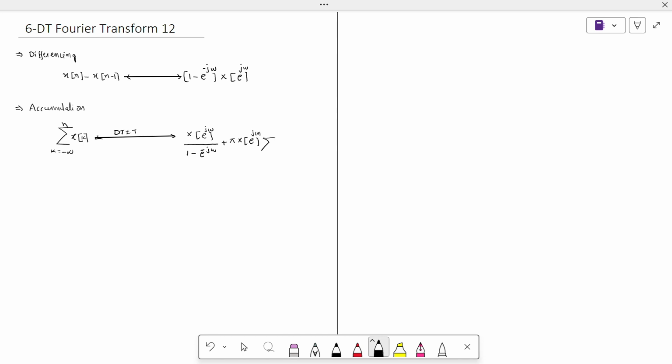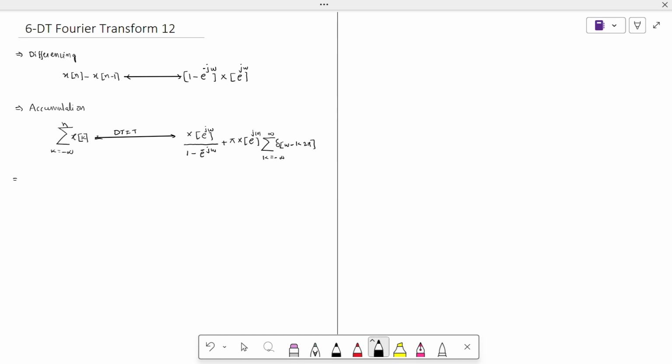The discrete time Fourier transform is continuous and must be periodic, so we should take an impulse chain, whereas in the continuous case we took only one impulse. So this is the impulse chain, omega minus k into 2 pi, where k goes from minus infinity to plus infinity. Because of this impulse chain, it is periodic.